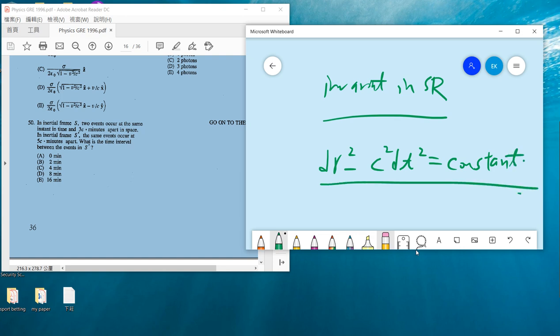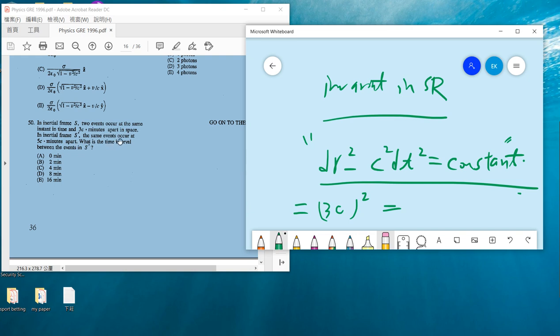Okay. So now the two events occur at the same time in the first frame and 3c minutes apart. So basically in the first you have 3c squared and this is 0. It will equal the space-time distance in S prime.